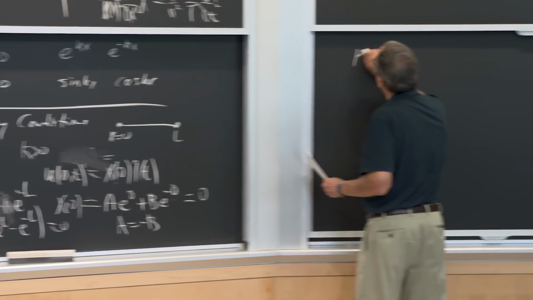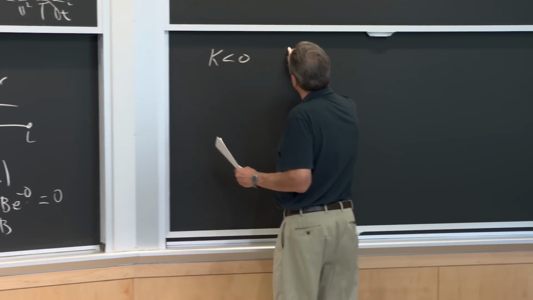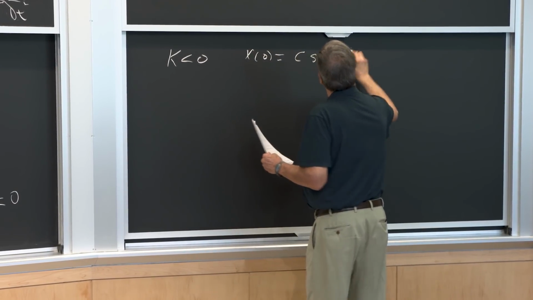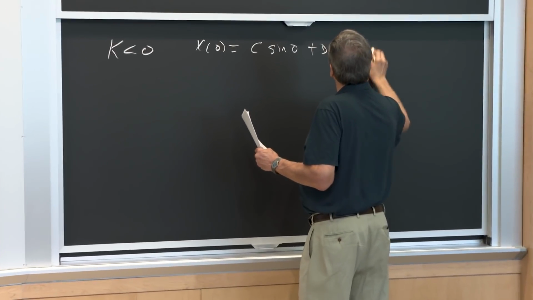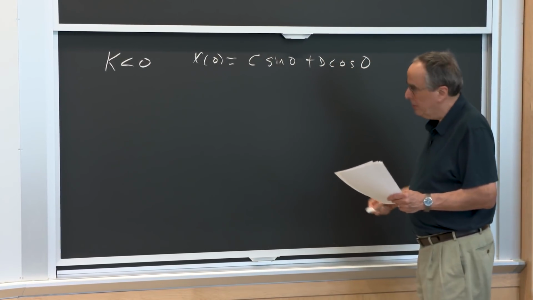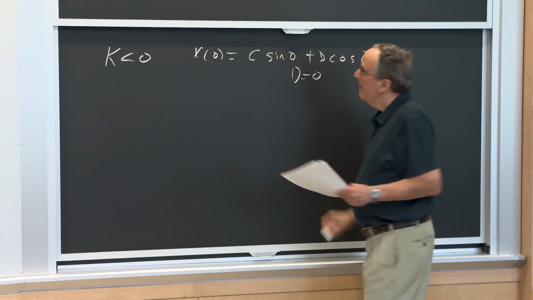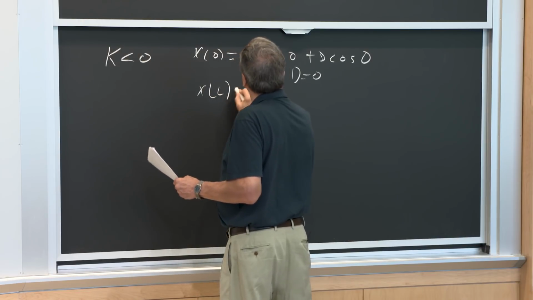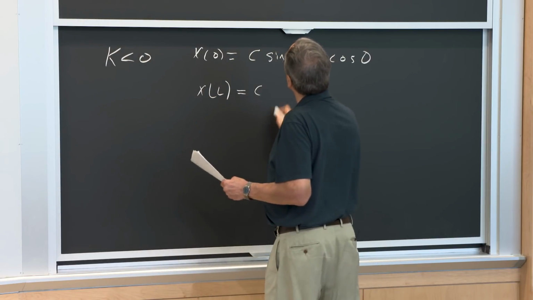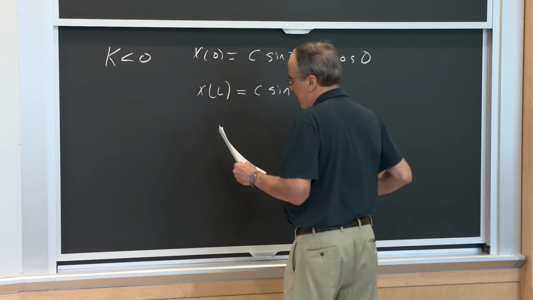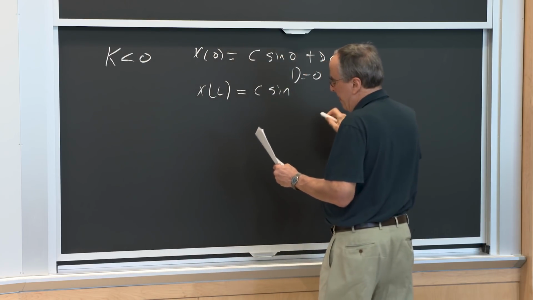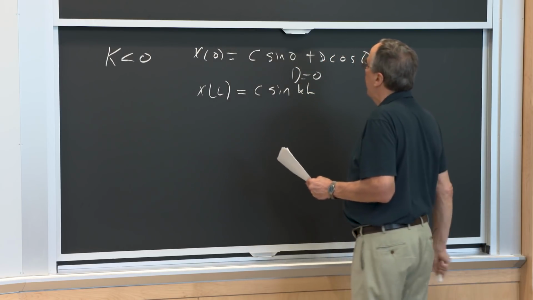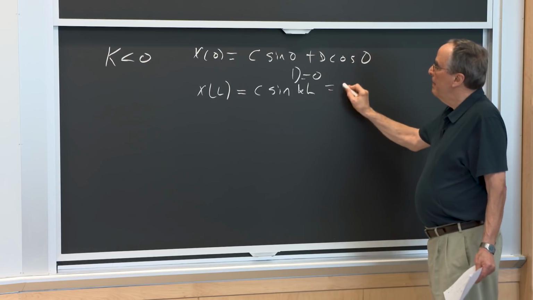So for k less than 0, x of 0 is equal to c sine 0 plus d cosine 0. And so that means d is equal to 0. Things are dying. And x of L, boundary condition, is c sine KL is equal to 0.